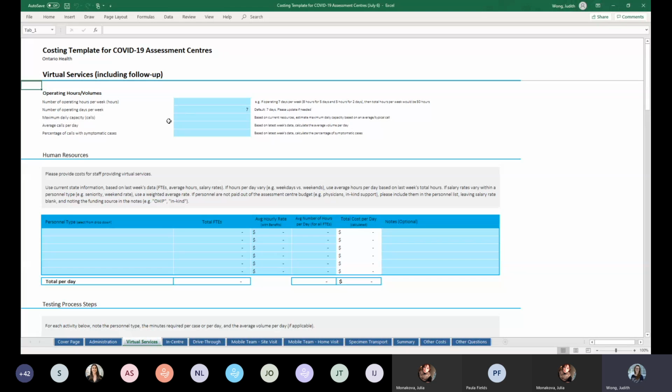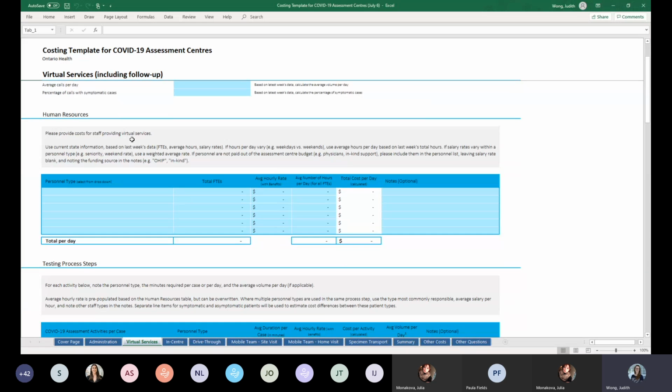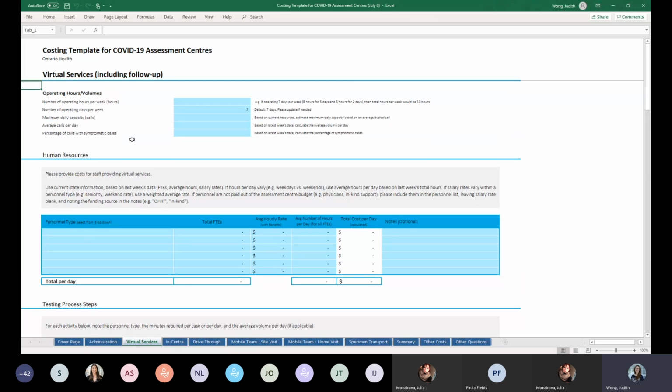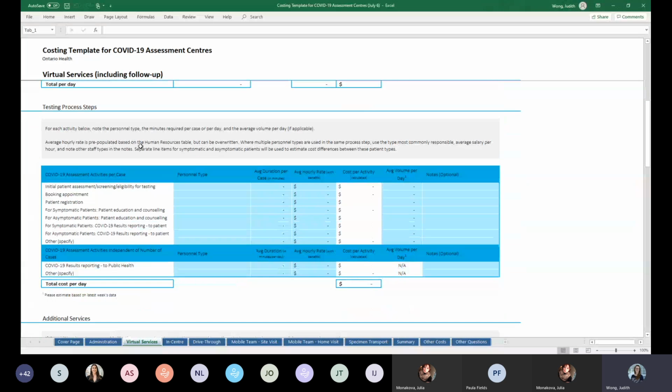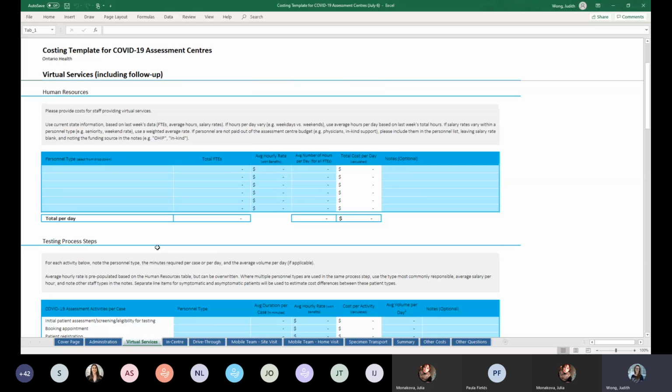So even if you are not running a call center offering virtual appointment booking or other services of that nature, you are probably providing results reporting to patients and/or public health. The time required for those activities is to be found on this tab. So please make sure, even if you're only offering results reporting, that you complete those sections of this tab.